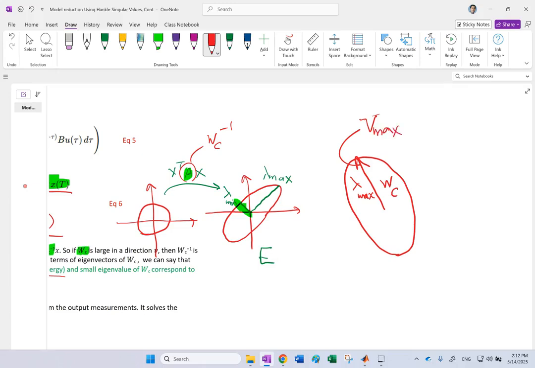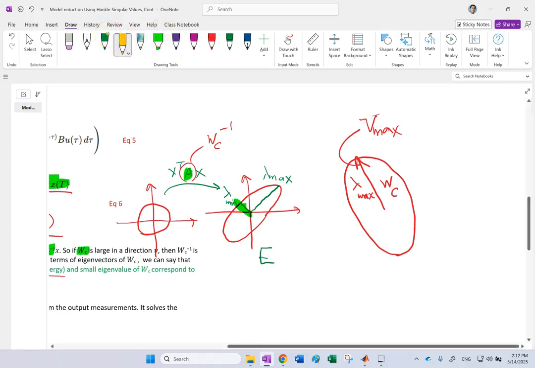So in my original system, if I want to go from this origin in this direction, it is going to take minimum energy from me to get there. If I want to go in this direction, it is going to take maximum energy for me to get there.